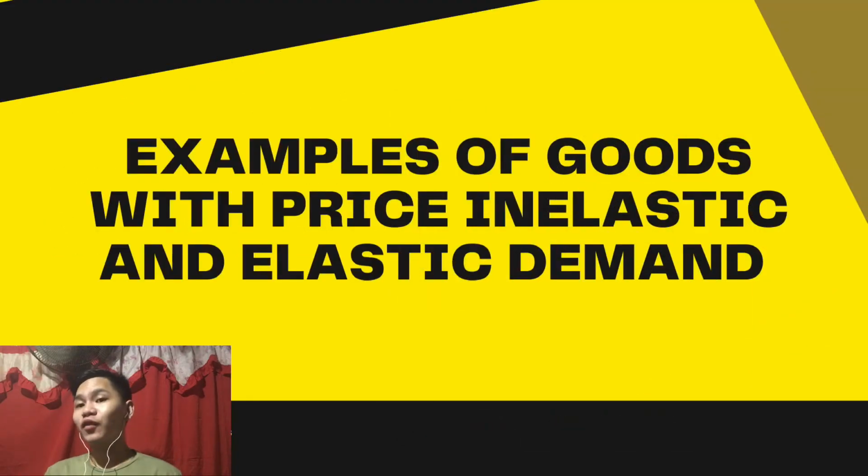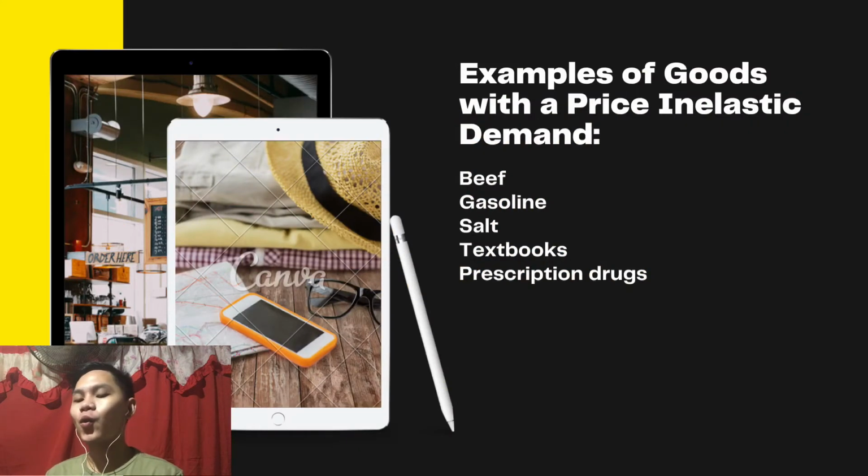And now let's move on to the examples of goods with price inelastic and elastic demand. First, let's talk about inelastic demand. What does inelastic demand mean? Inelastic means that when the price goes up, consumers' buying habits stay about the same, and when the price goes down, consumers' buying habits also remain unchanged. If it is perfectly inelastic, its demand will remain unchanged at any price.